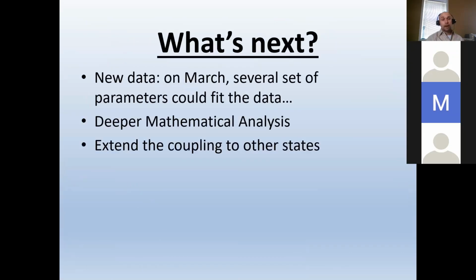Right, now we have data until now, so you can take the model and fit the data until now. Of course, you can try to prove more theorems and things like that. And of course, you can extend this model with Connecticut or whatever.